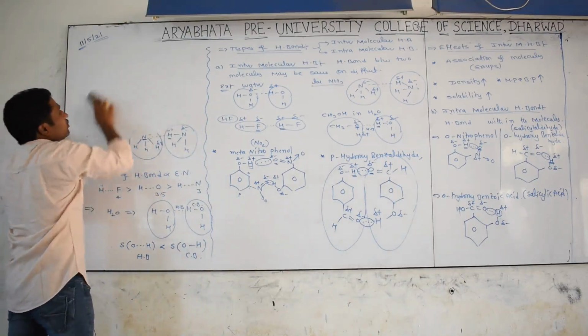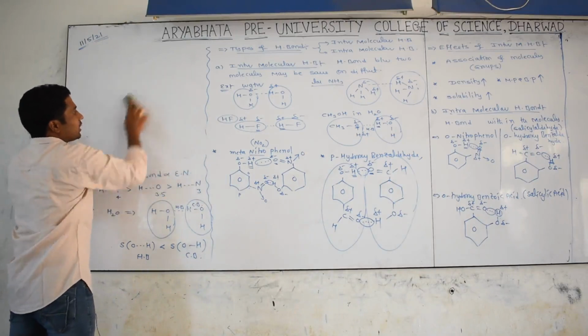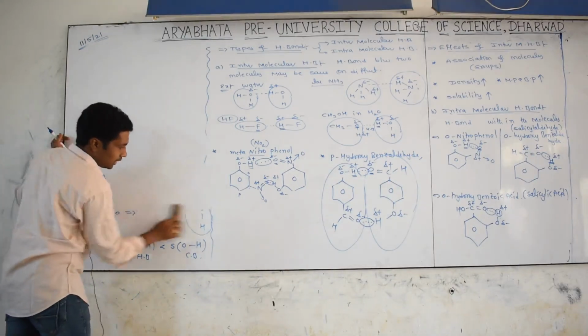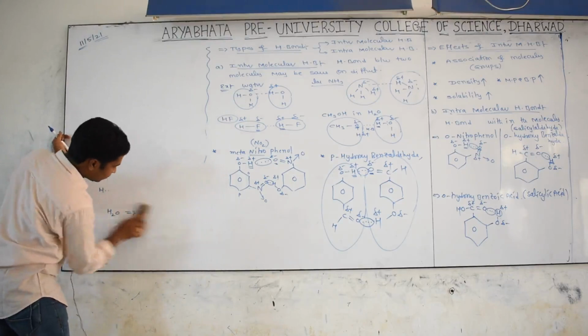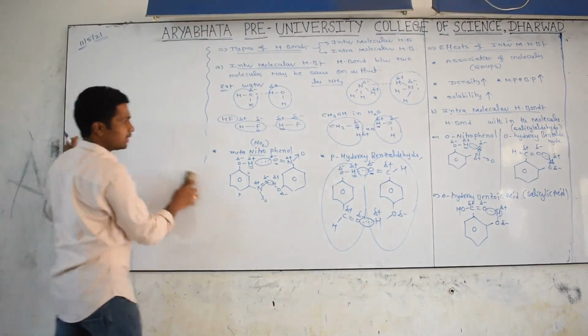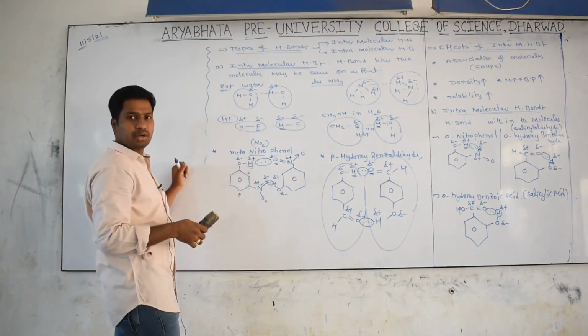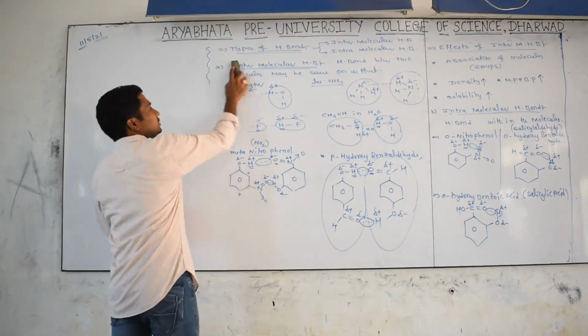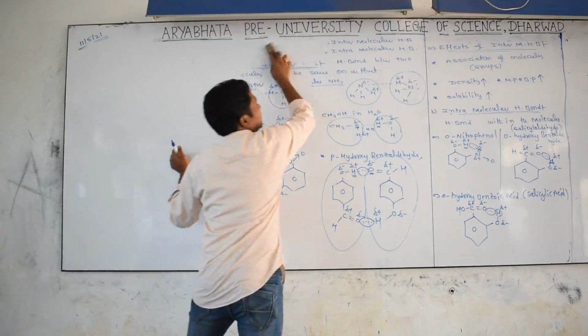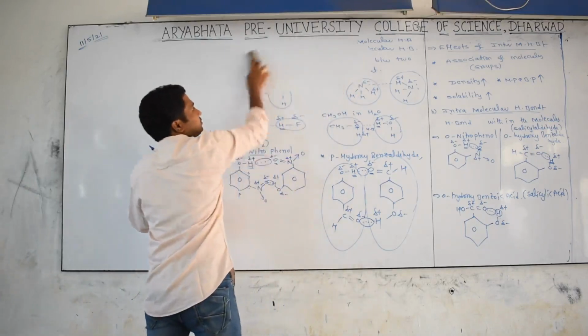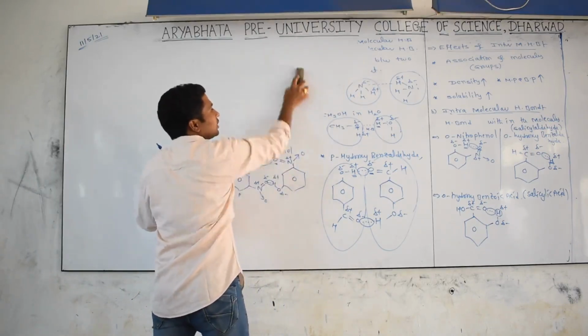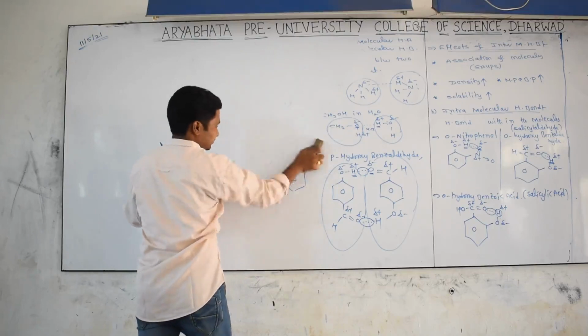Within the same molecule, it is called intramolecular hydrogen bonding. Because of inter, you may be asked: why does alcohol dissolve in water? Because of intermolecular hydrogen bonding. Why does H2O exist in the liquid phase? Because of intermolecular hydrogen bonding.